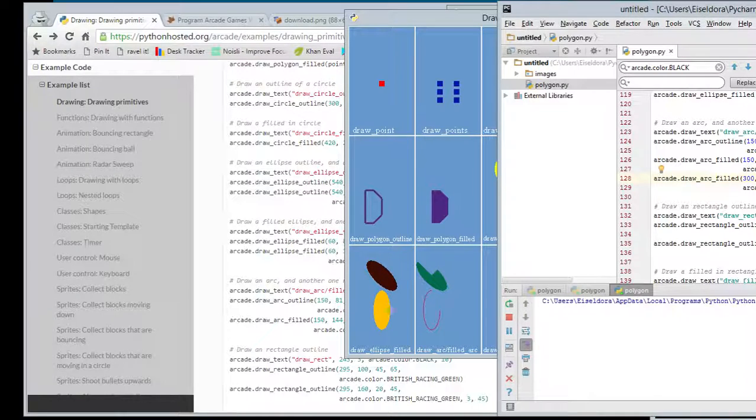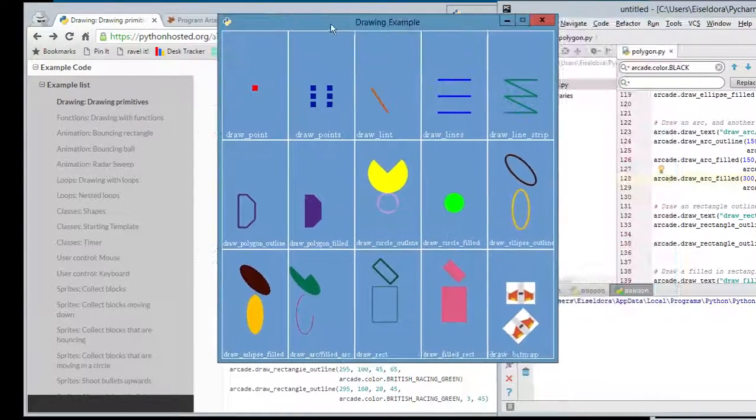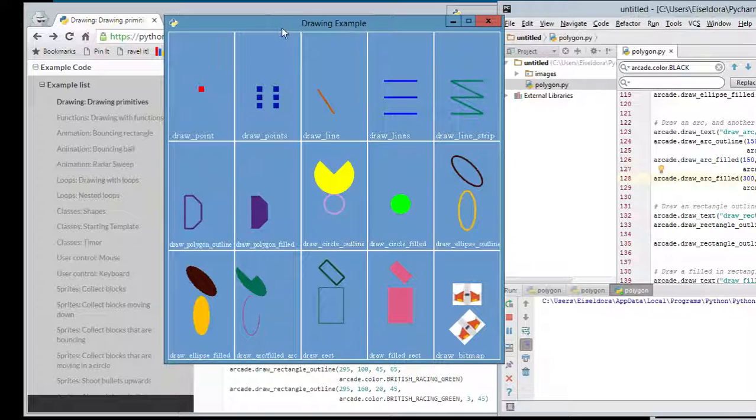So I downloaded and installed it, and I've been playing around with these drawing examples to get an idea of whether or not I can get it to work. And right now my goal, as silly as it sounds, is I'm trying to make a Pac-Man shape in the kind of middle of the screen. Hopefully I will be successful.